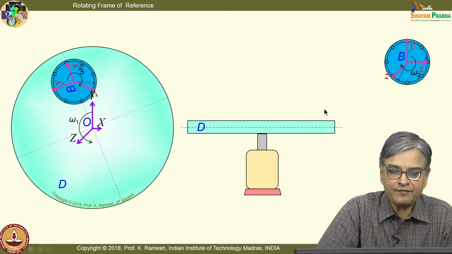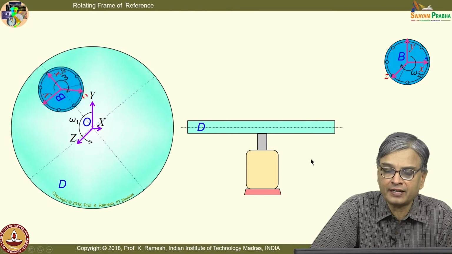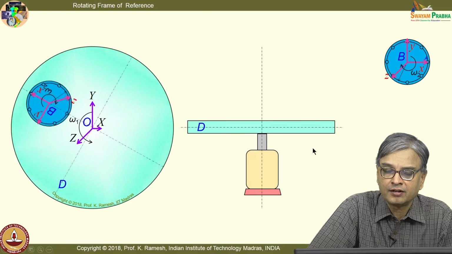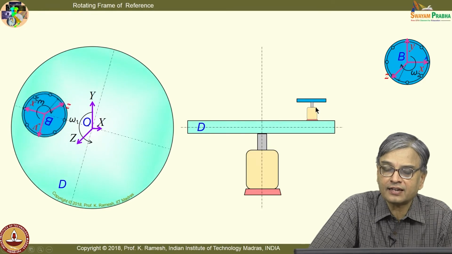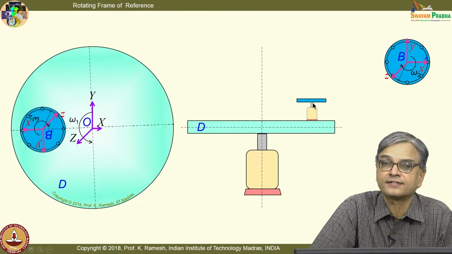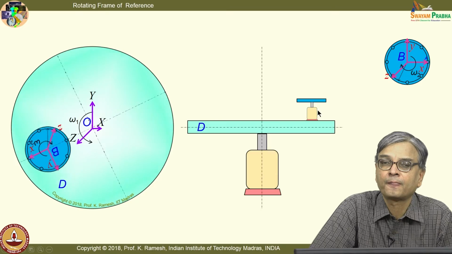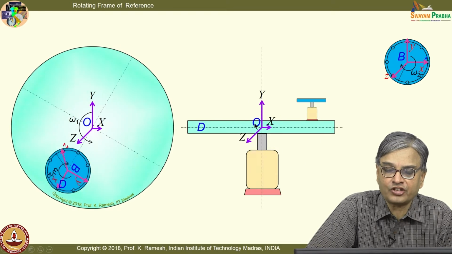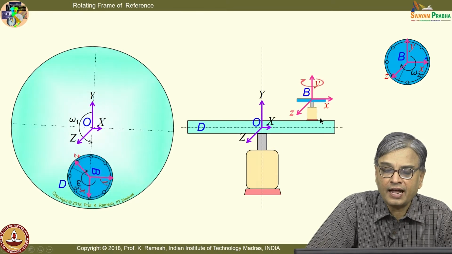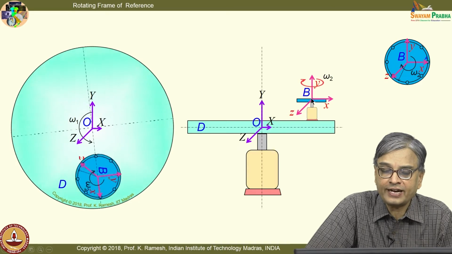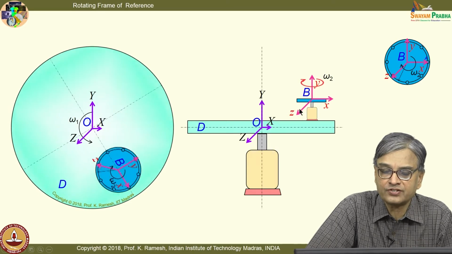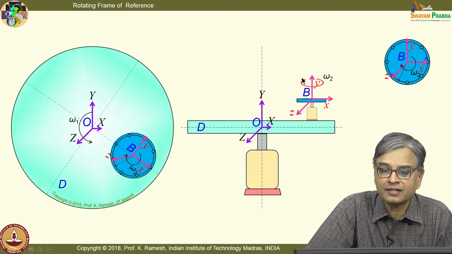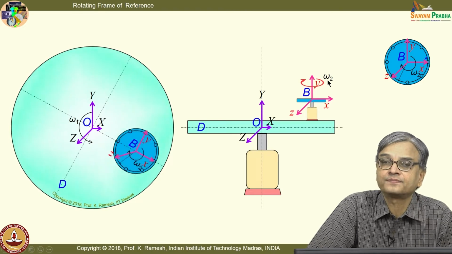And if I want to have another rotating platform on top of it, I can imagine that I have another small motor which rotates this. Is the idea clear? And I have the fixed axis here, and I have a rotating axis here, x, y and z, and this is rotating with an angular velocity omega 2.